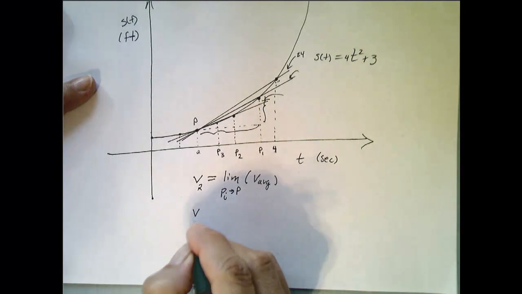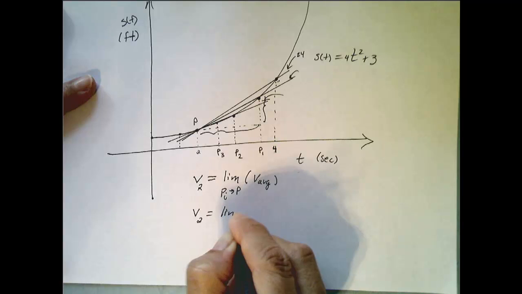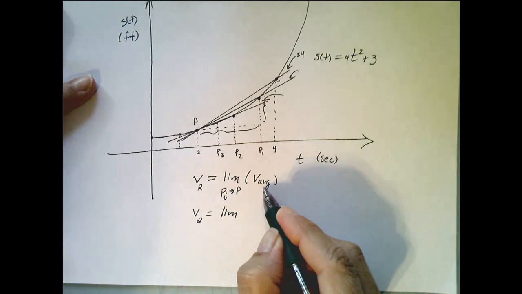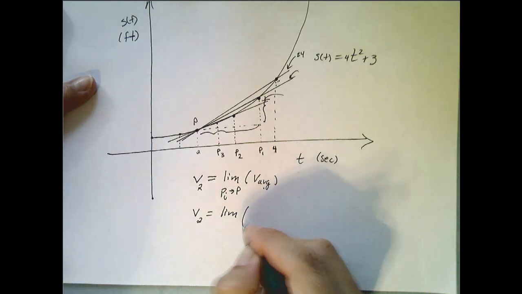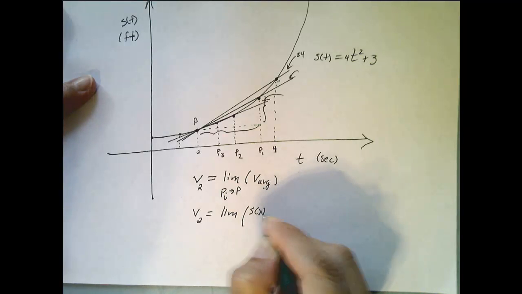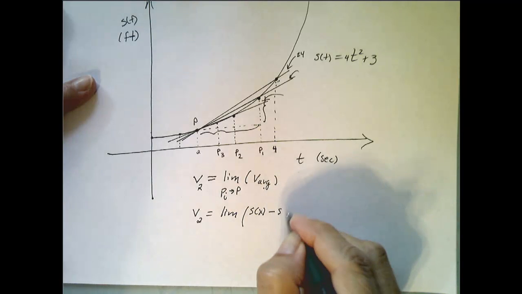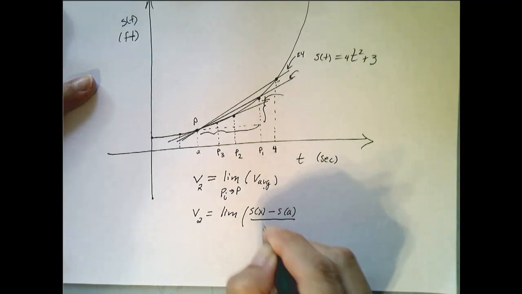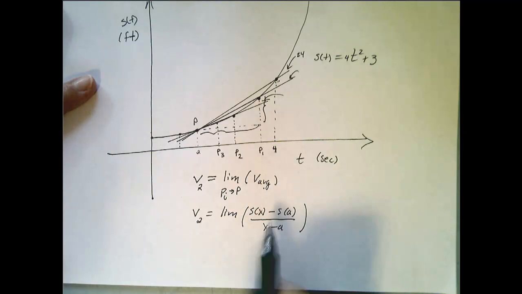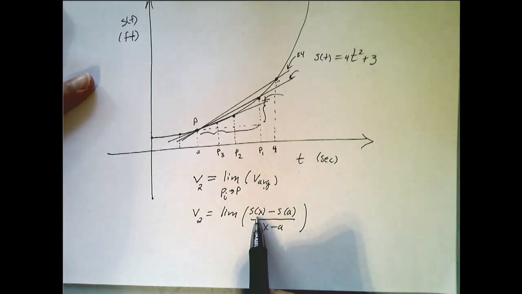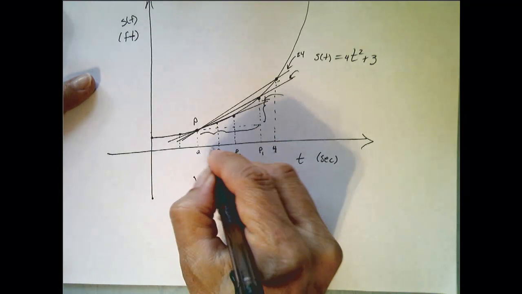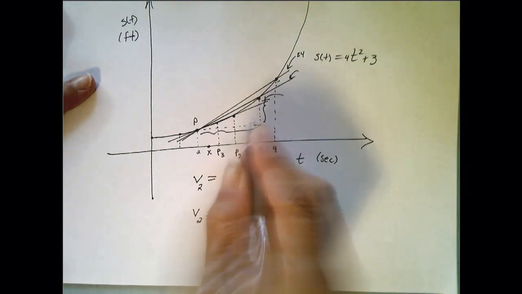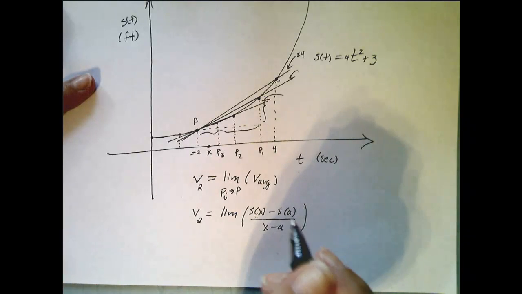So the velocity at 2 is equal to the limit. So what's my formula for average velocity? Well, I'm going to write s of x minus s of a, all over x minus a, right? So this is the y value at, let's say this point right here is x, and my 2 is a.